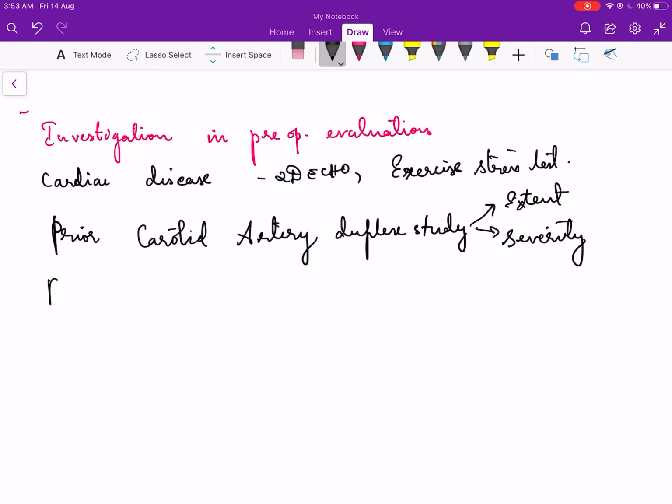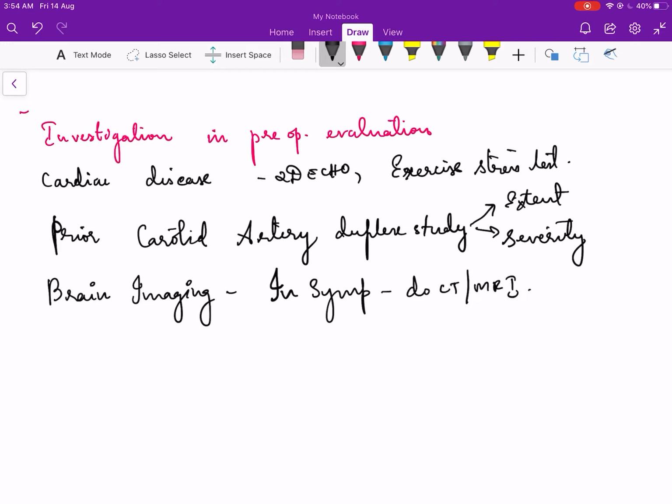Brain imaging, CT or MRI, is also necessary in a symptomatic patient to assess whether the patient has developed a stroke. ENT evaluation is also necessary to ensure the patient doesn't have vocal cord disturbances.